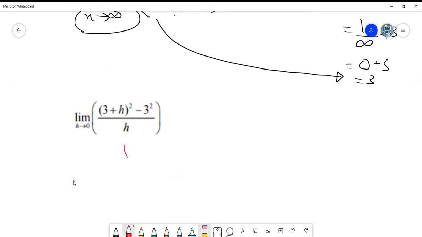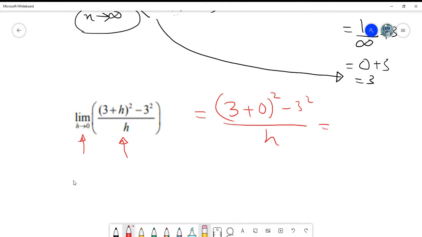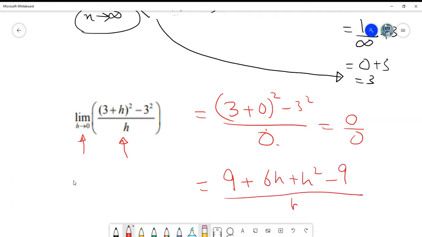Now it's asking me to find the limit of this expression as h approaches 0. If I just simply put h equals 0 in this expression, I'll end up with 0 over 0, which again makes little sense. So the key is to simplify this. Simplifying this means that I'll open the parenthesis, leaving me with 9 plus 6h plus h squared minus 9 over h.